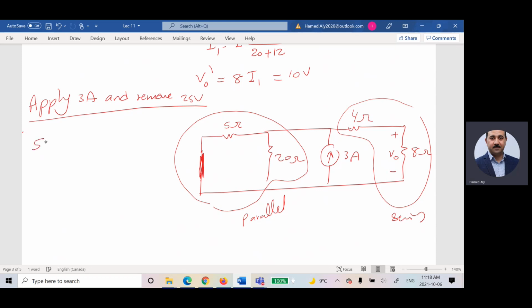So 5 is in parallel with 20, which is equal to 20 times 5 over 20 plus 5. It is equal to 4 ohms. And 4 is in series with 8, which is equal to 12 ohms. I can now use the current divider.